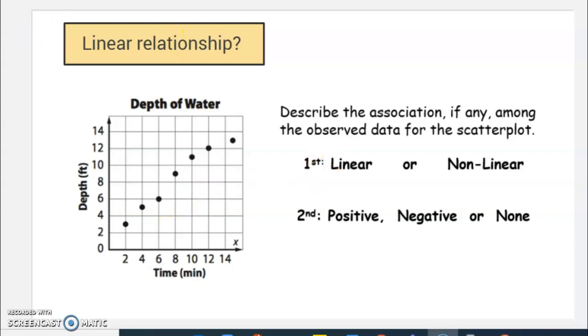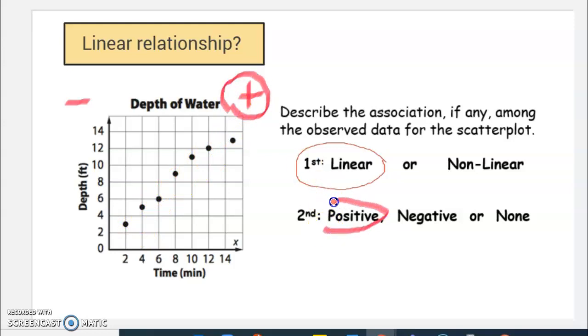So this example would be linear. Then, to help us determine the second step, positive, negative, or neither, we draw the minus and the plus sign on our graph. We can see that these are pointing to the plus sign, so that makes this association positive. So that's how we determine if it's linear or nonlinear, and whether it's positive, negative, or neither.